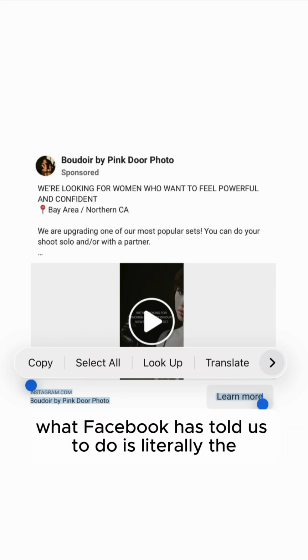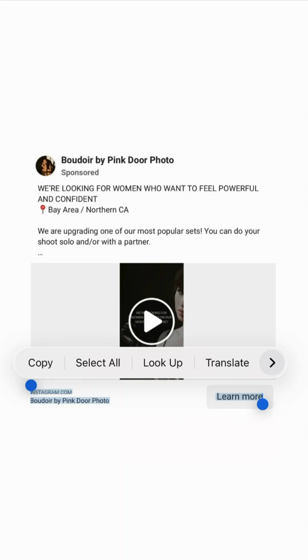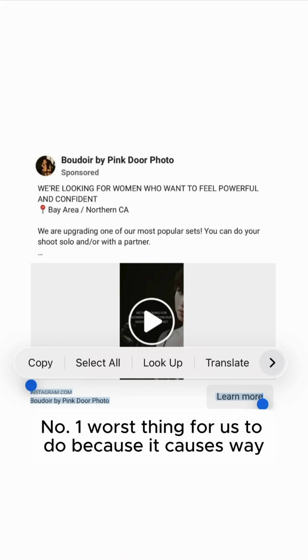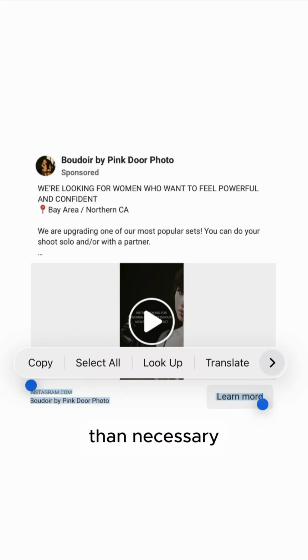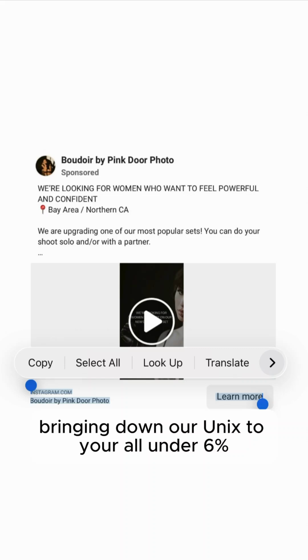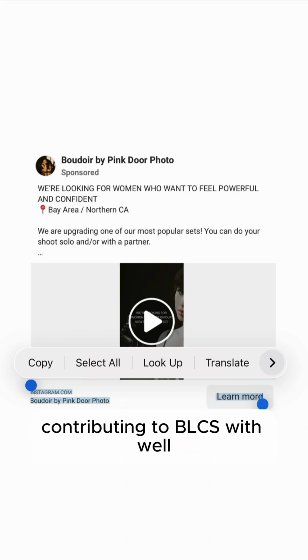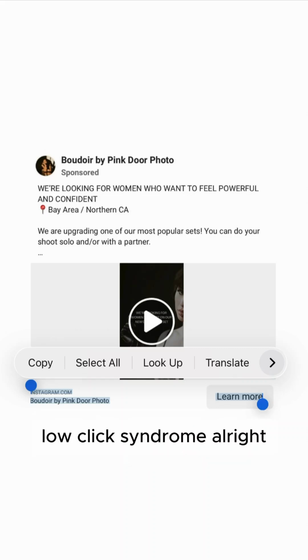And following what Facebook has told us to do is literally the number one worst thing for us to do, because it causes way, way, way more women to scroll by our boudoir Facebook ads than necessary, bringing down our unique CTR under 6%, contributing to BLCS, boudoir low click syndrome.